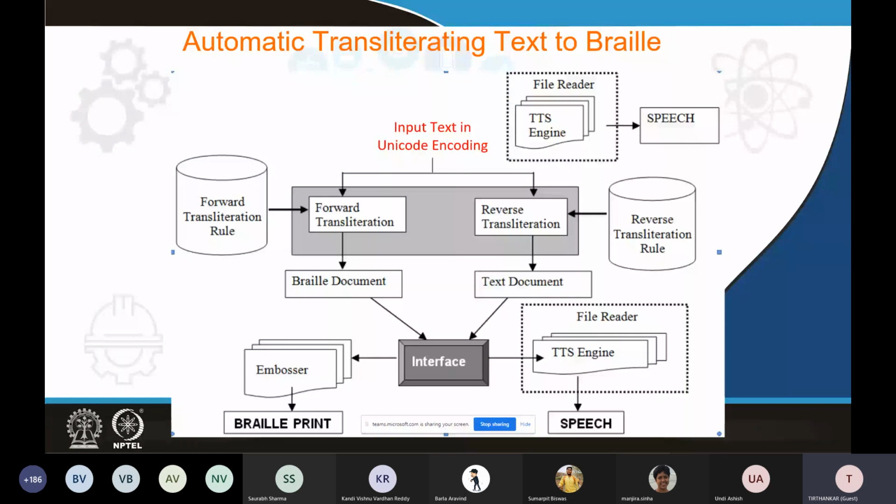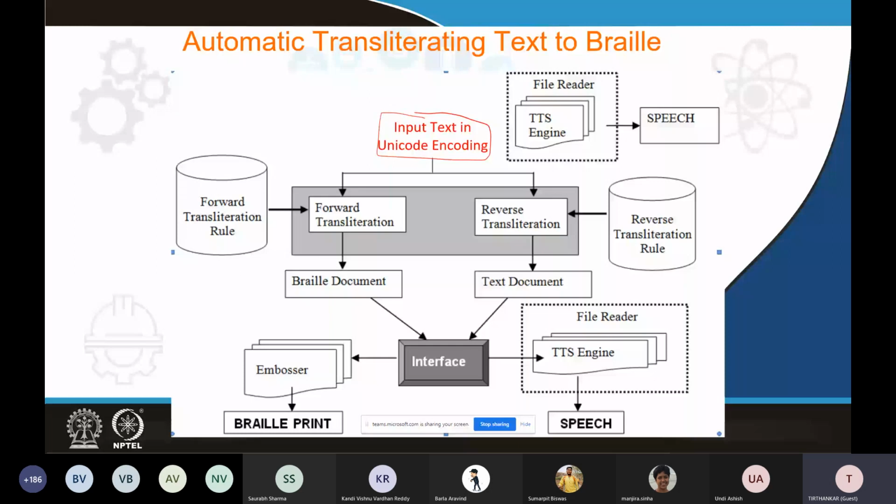Overall, this transliteration process has this kind of architecture, where you will see these are the input texts in Unicode encoding. These texts are passed to the transliteration engine. The transliteration engine has two different modules.